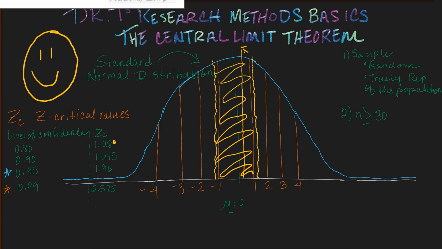If we want to be 95% confident, use blue, then our z-critical values tell us to go to 1.96, which is probably about here. And on the negative side, right about here.